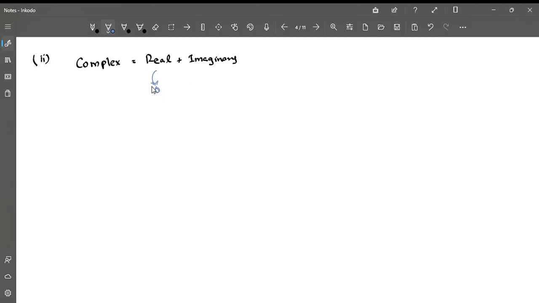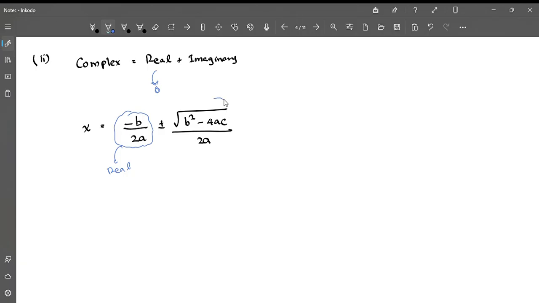They are telling you the root should be purely imaginary. Then what is the root? The root is basically x. x equals minus b over 2a plus or minus the square root of b squared minus 4ac over 2a. Now this part, minus b over 2a, is the real part. Since the square root part can be real or imaginary, this is going to be the imaginary part.